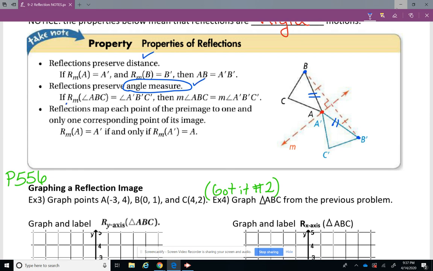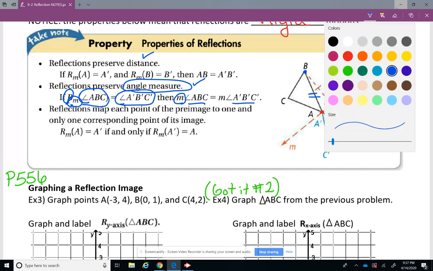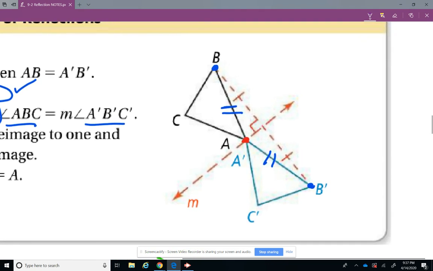All right, if I'm going to reflect angle ABC over line M, it's going to result in angle A prime, B prime, C prime. And the measurement of those two angles will be the same. All right, so I'm going to do this in purple. If I take angle ABC, and I reflect it over that line, and I get angle A prime, B prime, and C prime, then this angle will equal this angle.